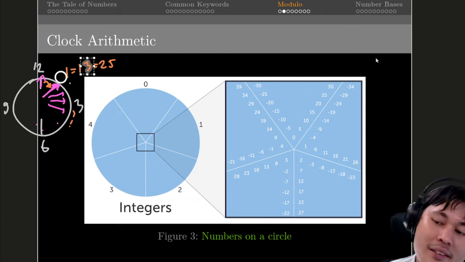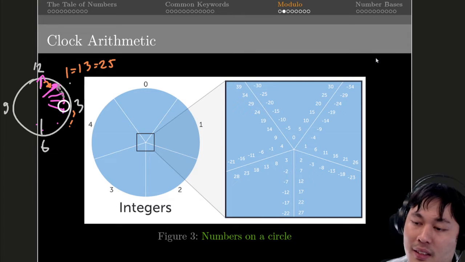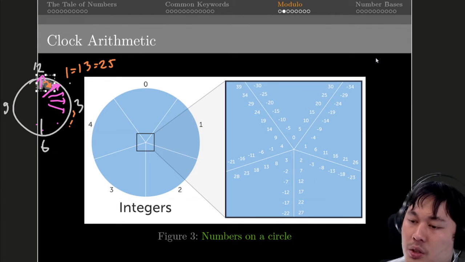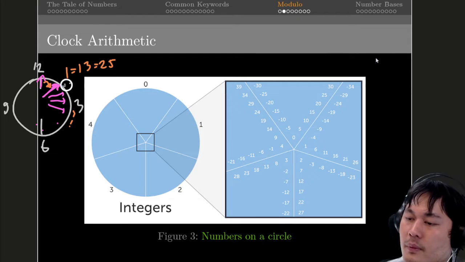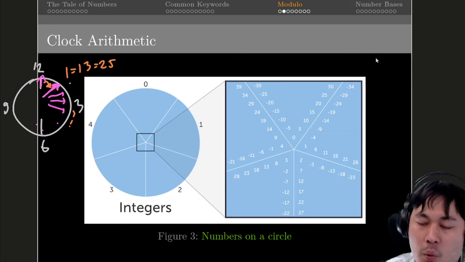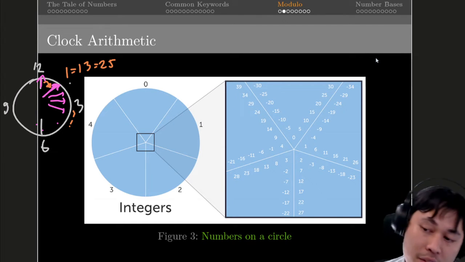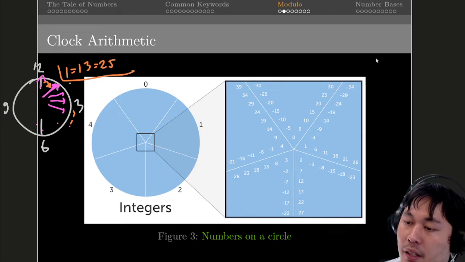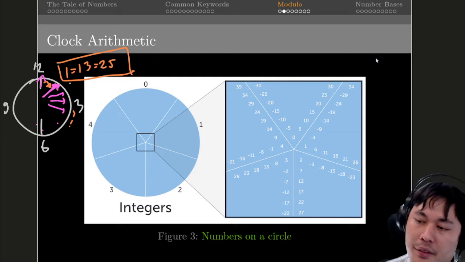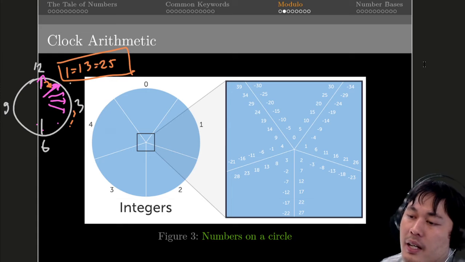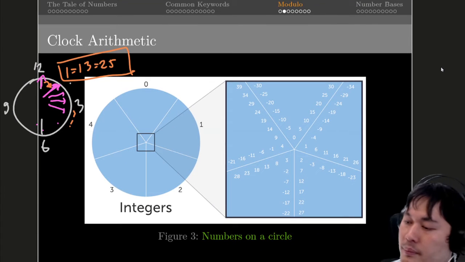If you are at 13, or in this case 1, and then you move around the clock another 12 hours, you will get to 25. It's like 24 hours from 1. And that's again the same. It points to the same number 1 on the clock, and there's no way to tell whether it's 25 or 1. So they are all the same, and so are other numbers. That's the concept behind the arithmetic on the clock.